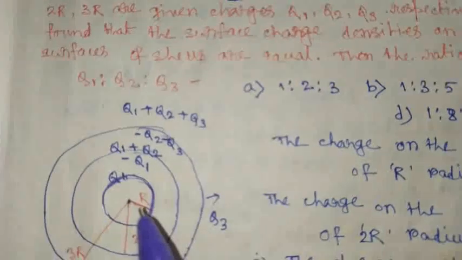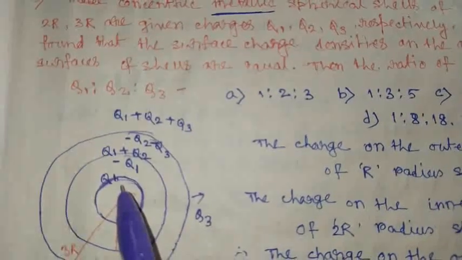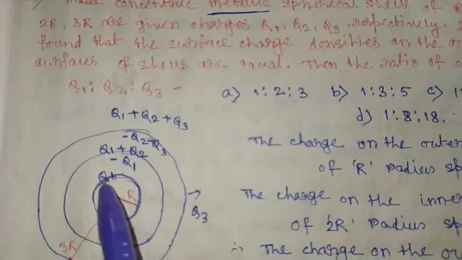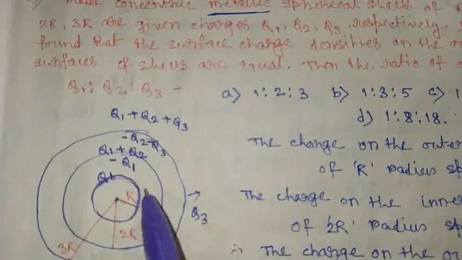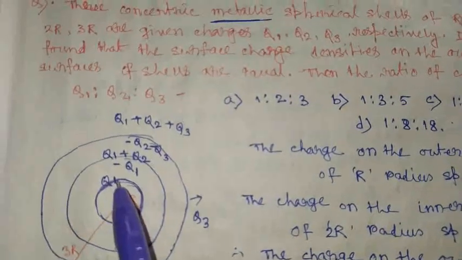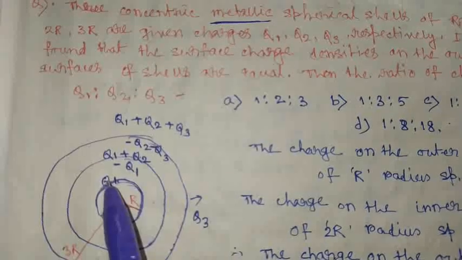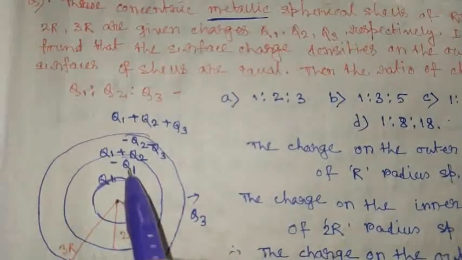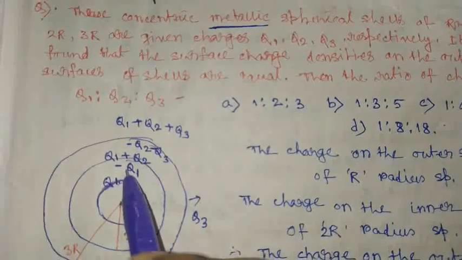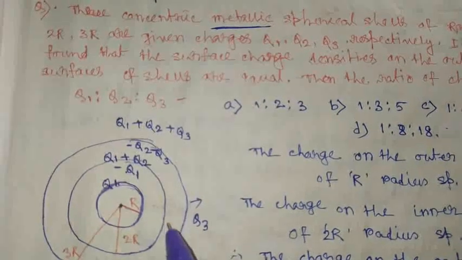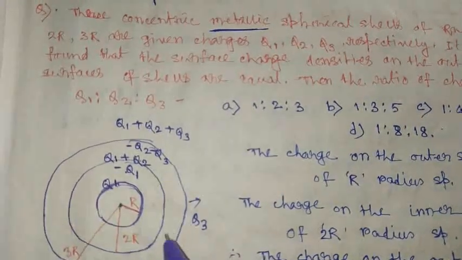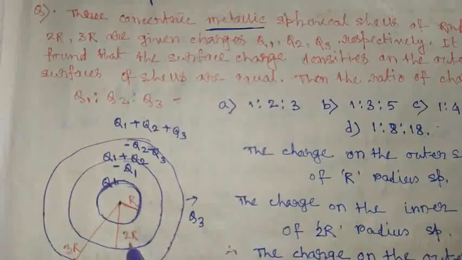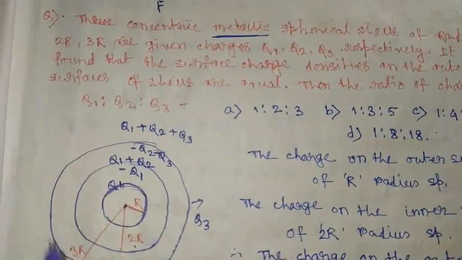I say that if the inner sphere has charge q1 on the outer surface, then a minus q1 charge is also induced in the inner surface of the second sphere, that is of radius 2r, due to the induction process.